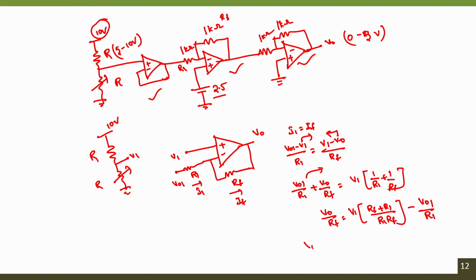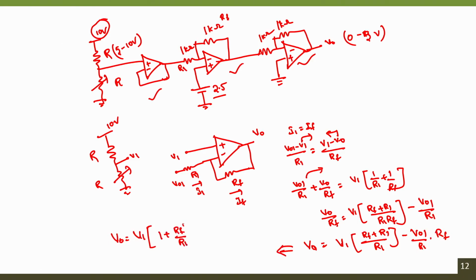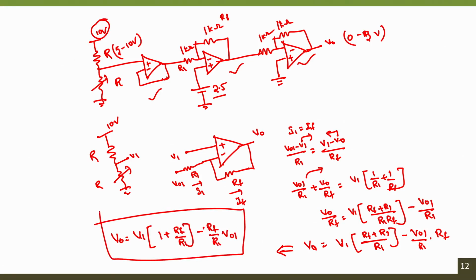So, that implies V0 is equal to V1 into RF plus R1 by R1 minus VO1 by R1 into RF. So, this can be rewritten as V0 is equal to V1 into 1 plus RF by R1 minus RF by R1 into VO1. This is what we got.